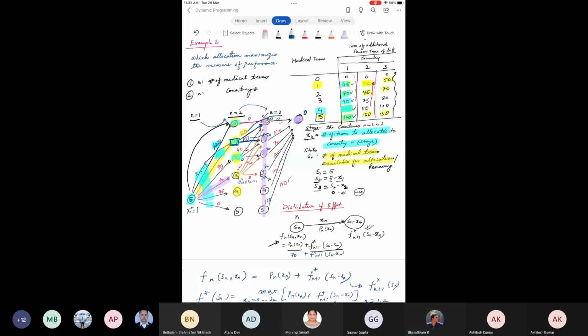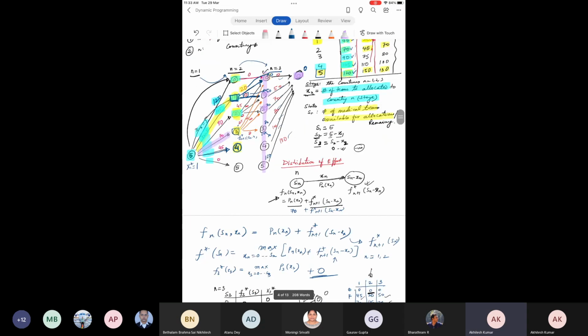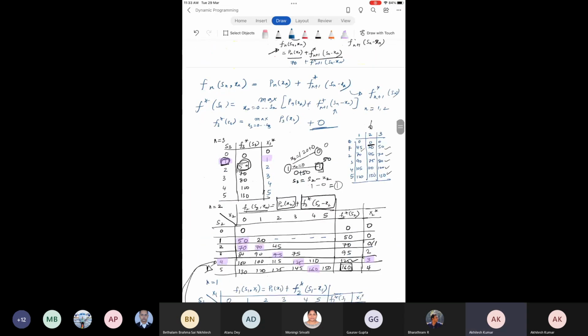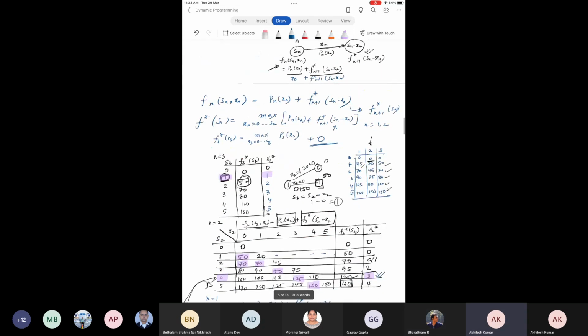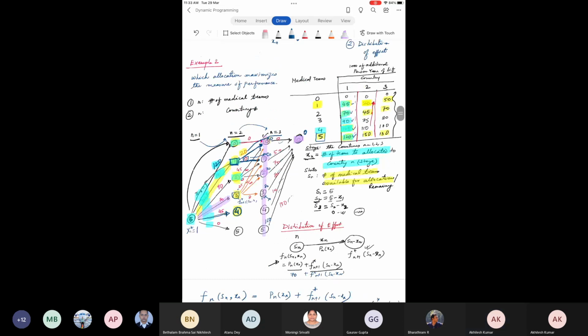Correct. If x1 star is 1, that means you have allocated one team. In the next stage, you will have 4 teams left. Right? Now, associated with the 4 teams, you have an x2 star. x2 star is telling me allocate 3 teams. That is the best one.